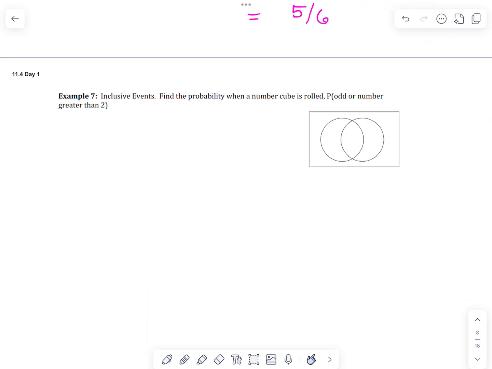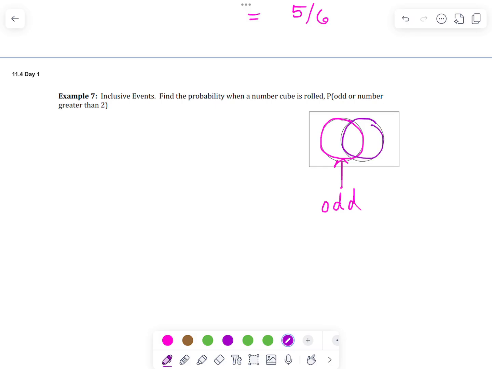Example 7, inclusive events. Find the probability when a number cube is rolled that you get an odd or a number greater than 2. So our first circle, event A, will be odd numbers. The second circle will be numbers greater than 2.